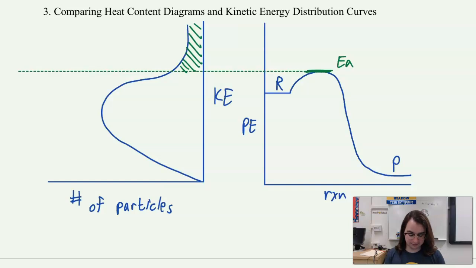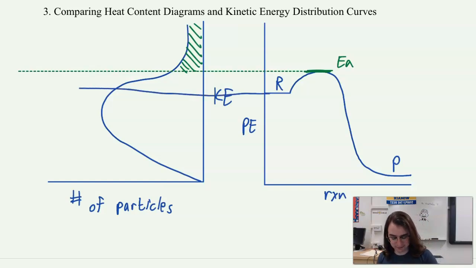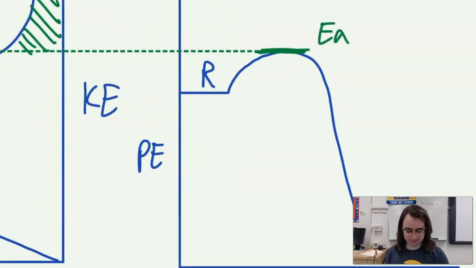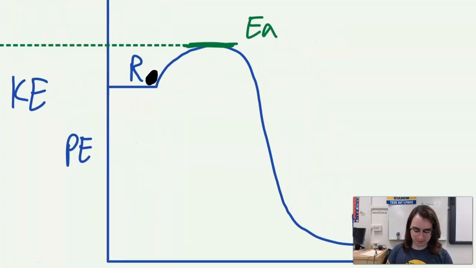Look at the reactants. If we were to follow the reactants along, we would see that the reactants fall in that section that doesn't have the amount of energy to react immediately. So the reactants need energy to get going. Even though this is exothermic, those reactants still need a push. Say, for example, somebody put a boulder at the bottom of this hill, and it was your job to get that boulder over the hill and down to the products.